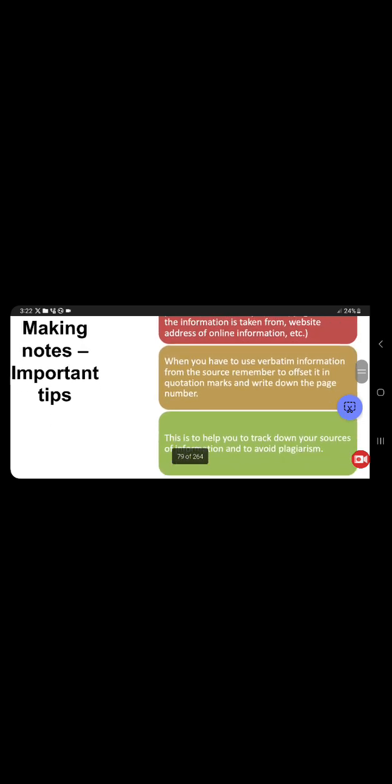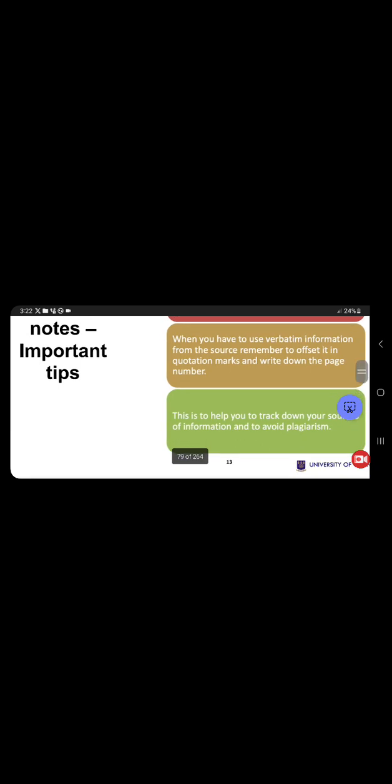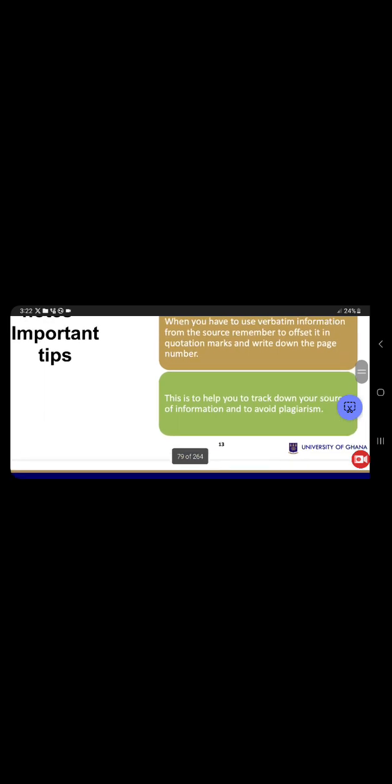Reference your information. And secondly, when you have to use verbatim information from the source, remember to offset it in quotation marks and write down the page number. We will do this later, so I won't spend my time here. So you put it in quotes. For example, Yao Mensa 2002, then you quote it: according to Yao Mensa, Ghana is the best country in Africa.